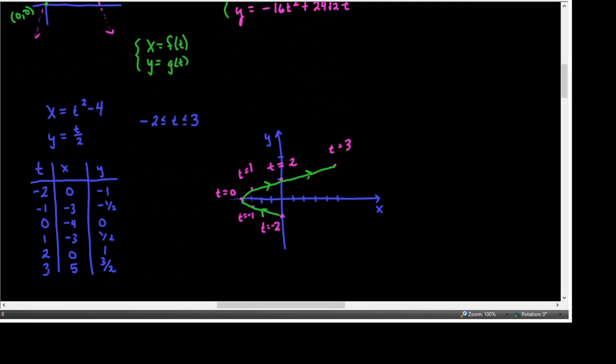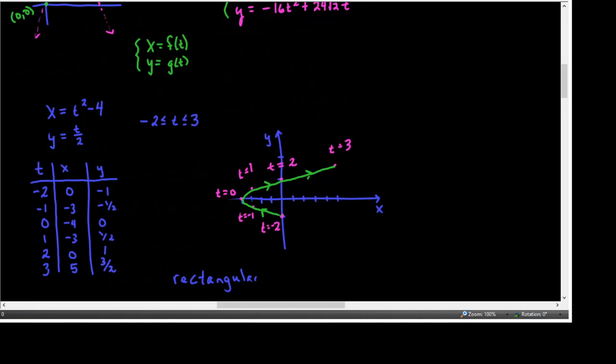You may be curious, well, what is the equation of this, not parametrically, but using regular x and y? Well, the rectangular equation, that is the equation in terms of just x and y, is of interest because we want to know how they're related to each other without having the other variable, the parameter, in there.